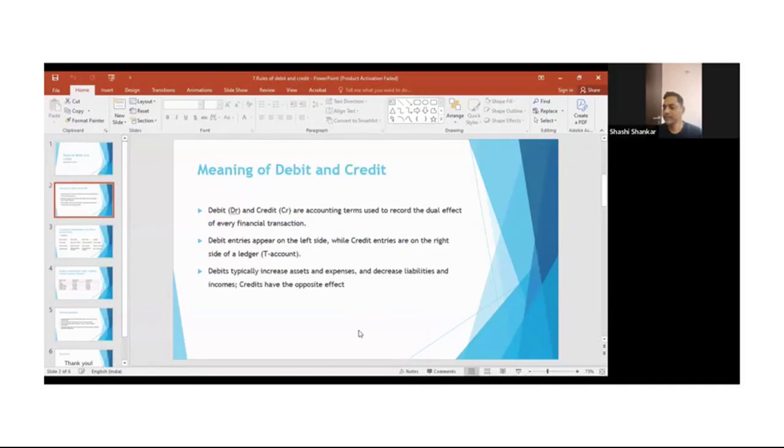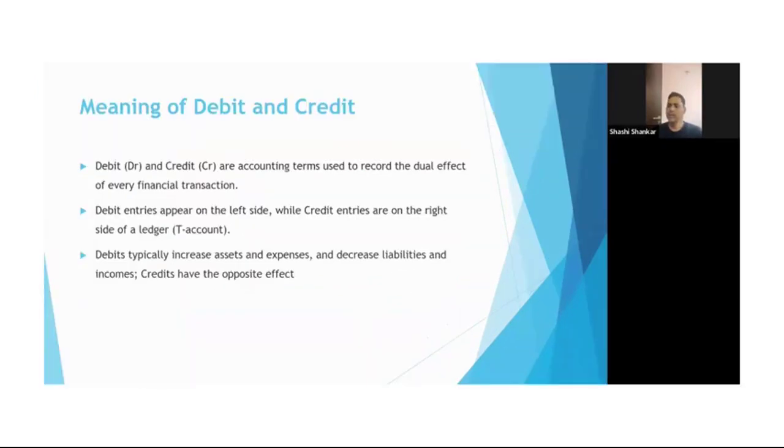How can anyone understand what debit and credit are? Debit and credit are accounting items used to record the dual effects of every financial transaction. A debit entry appears on the left side and a credit entry on the right side of the ledger.